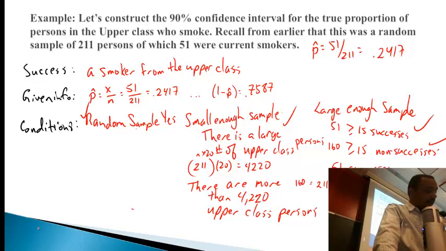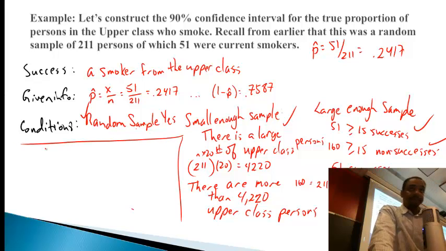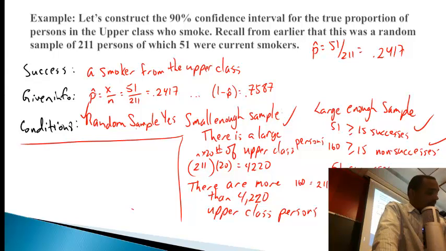No, we're not ready for that yet. Okay, so now maybe I'll try and make some room here. Given information also: p hat is 0.2417, 1 minus p hat is this number. It also says a 90% confidence.